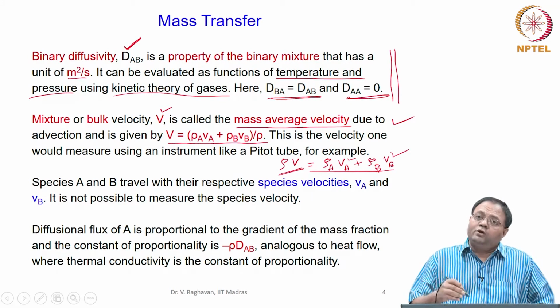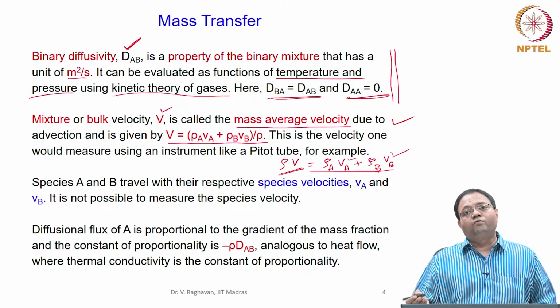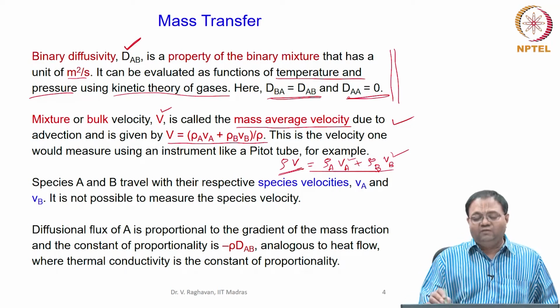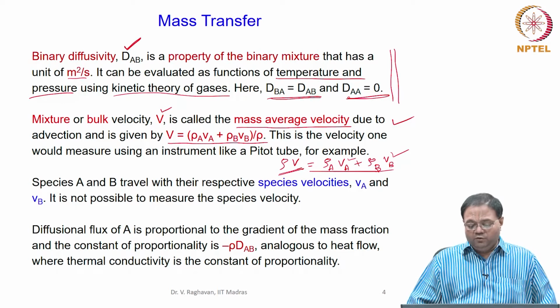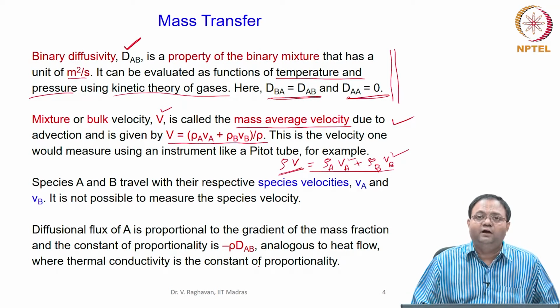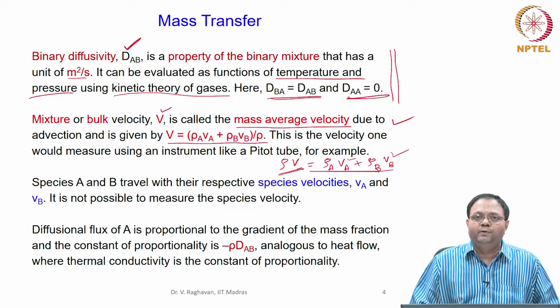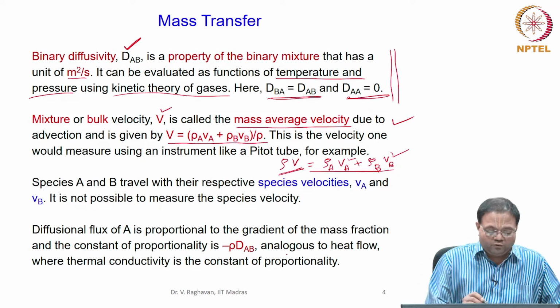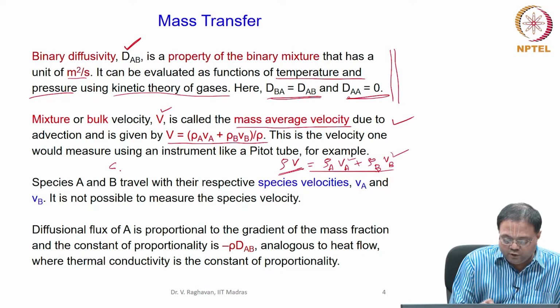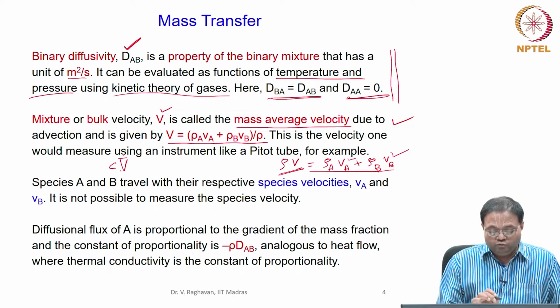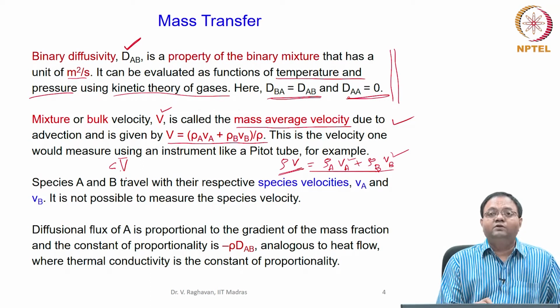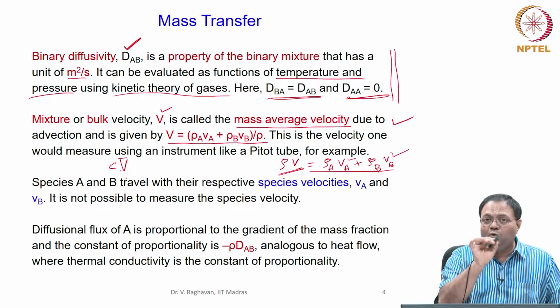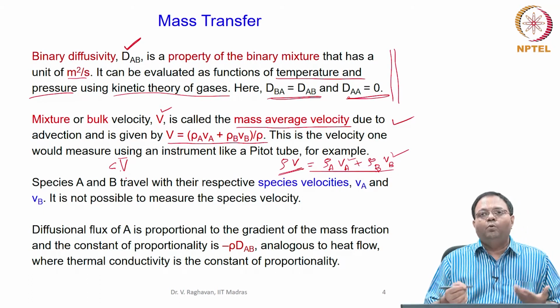Now, if you want to write this in terms of mole fractions, then instead of mass average velocity it will be mole average velocity. So, instead of density, concentrations will appear, since density is kg per meter cube. If you write in terms of concentration, you can write the concentration of the mixture C into the velocity V with an over bar, to represent that this is a molar based calculation.